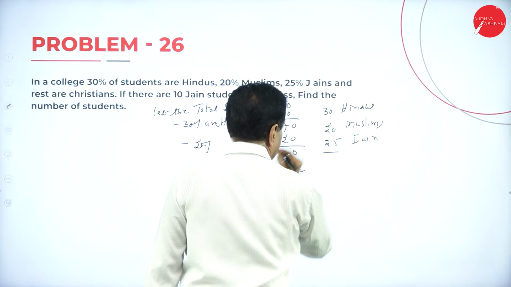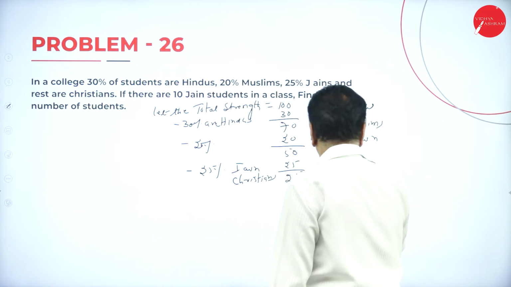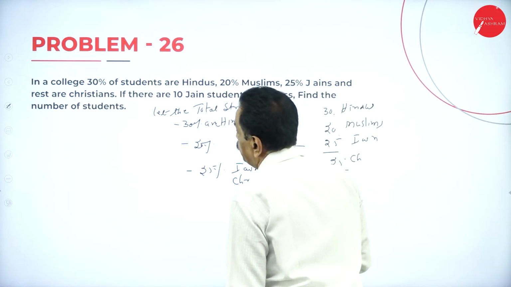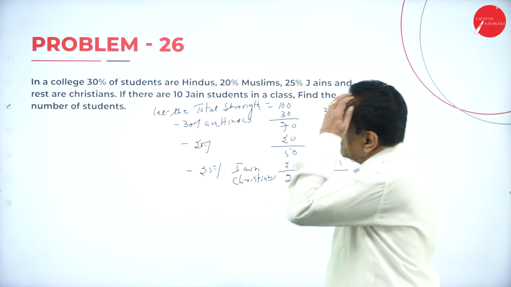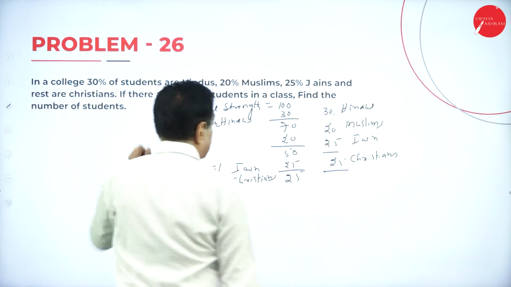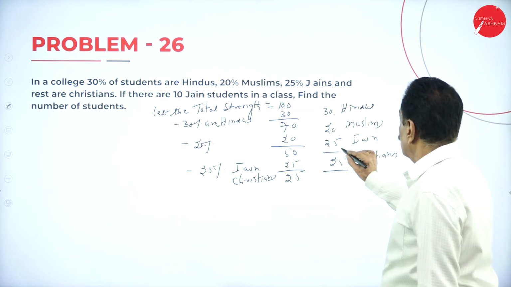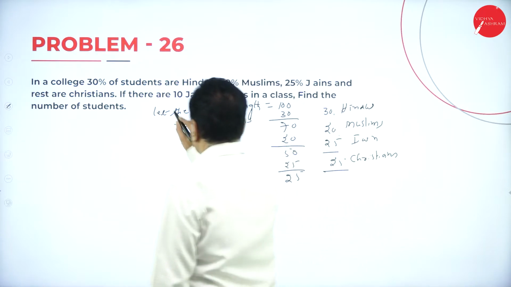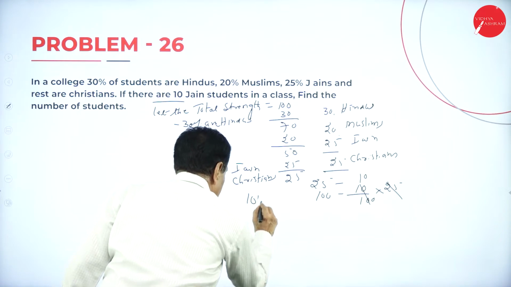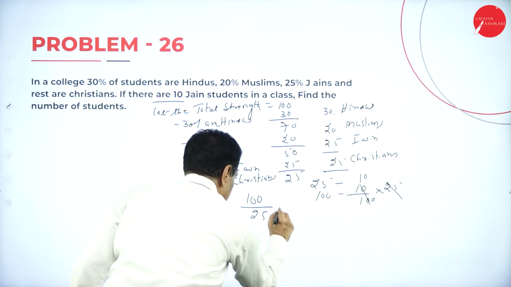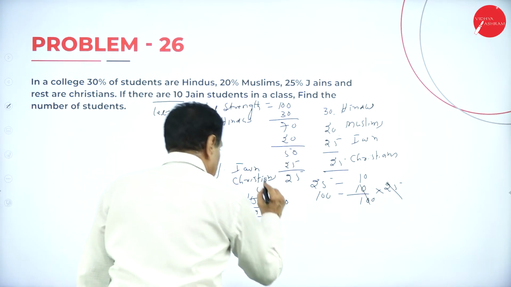This is 50, 75, which means what is left out is 25, and that goes to Christians. Then, if there are 10 Jain students in a class, how much is the total? It is 100 divided by 25 into 10. 25 fours are 100, so 40.